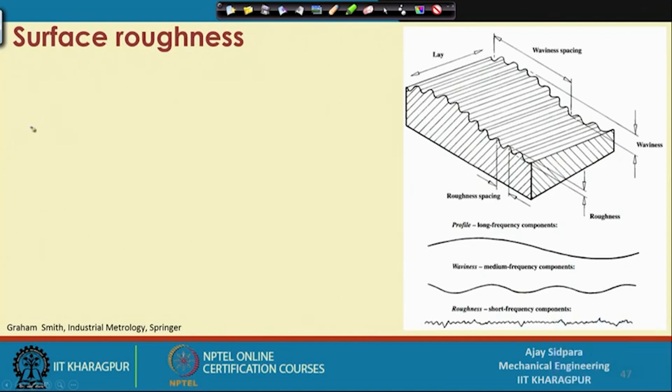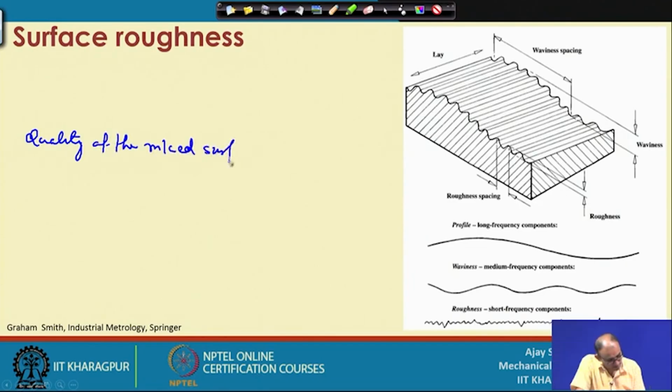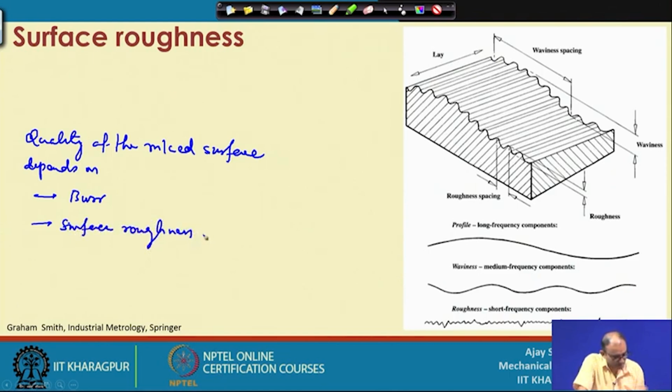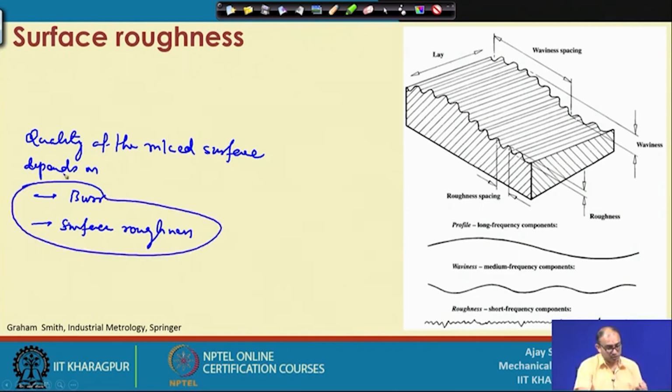So, the quality of the machined surface depends on one, the burr formation, and another, the surface roughness, correct.